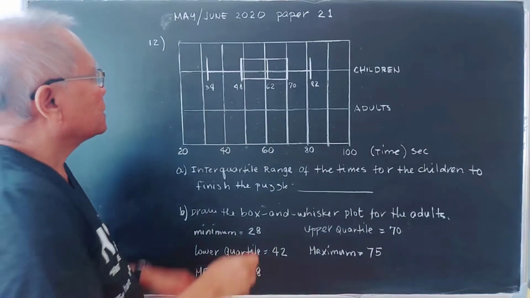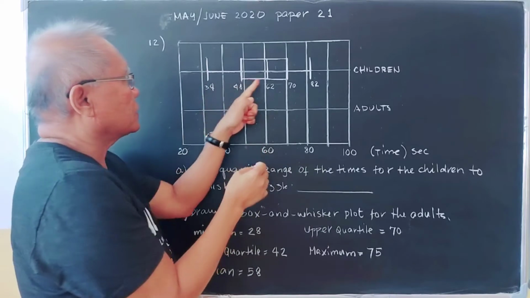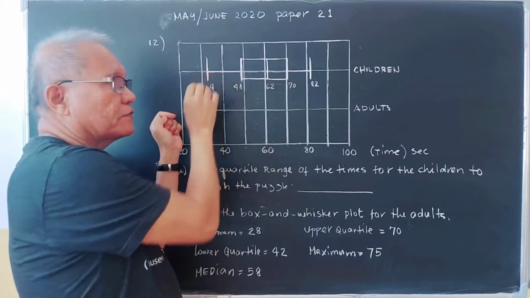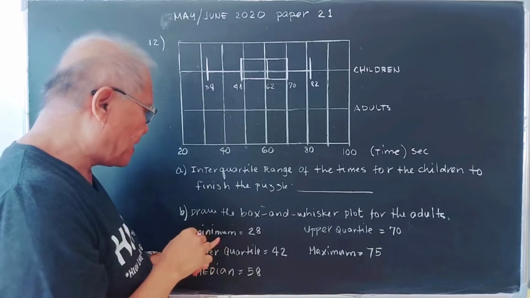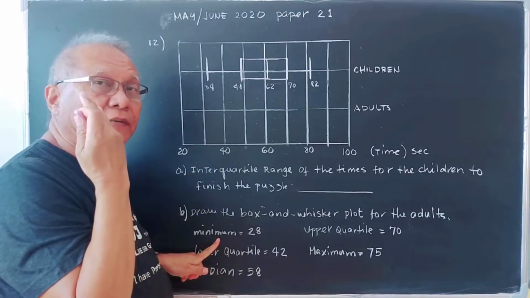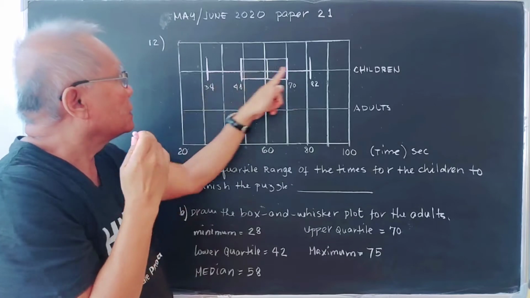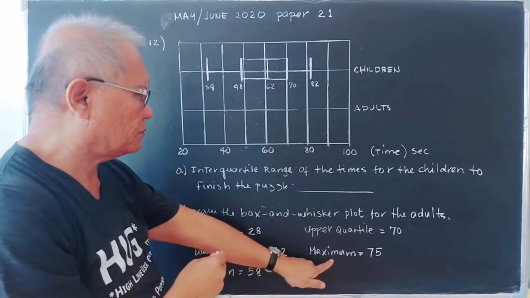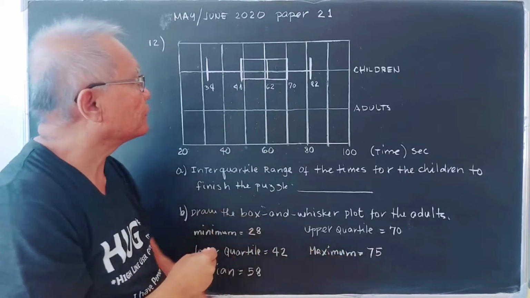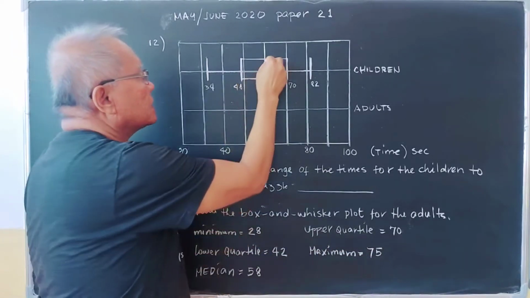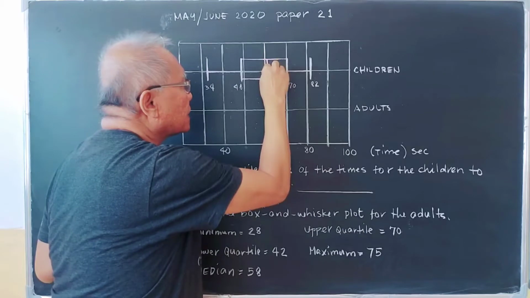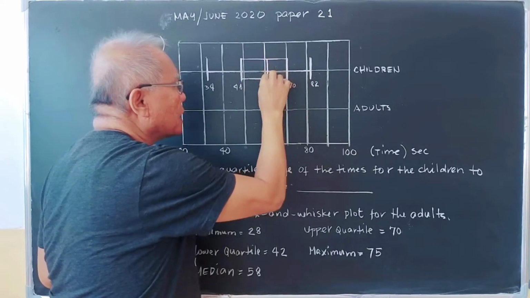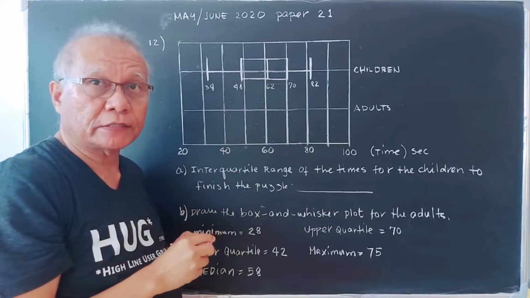This is our box and whisker plot. The line here is for the minimum time. The other vertical line here is for the maximum time. This line inside the box is the median.